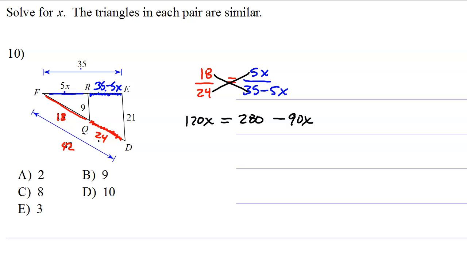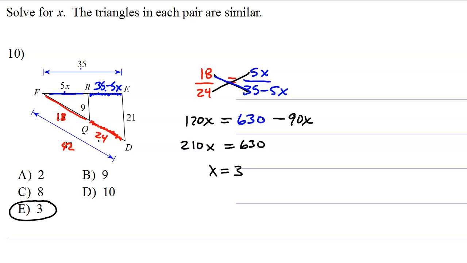So that's, no, I got this number wrong right here. Hold on. Check that. That is 700 minus 70, so that's 630. I'm like, something's going on here. So that was 630. So I add 90x to both sides, and I get 210x equals 630. Divide, and you get x equals 3.